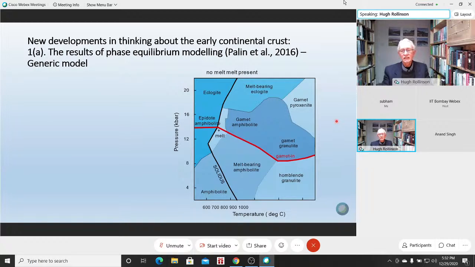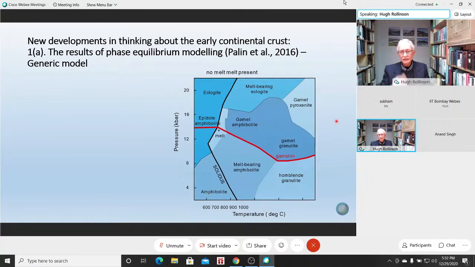Until recently, until about 5 years ago, if we wanted to understand the melting of a basaltic rock to produce a TTG melt, we had to conduct an experiment in the laboratory. In fact, we had to conduct many, many experiments at different temperatures, at different pressures, and using different starting compositions and different amounts of water.